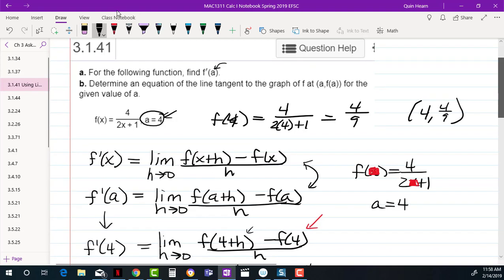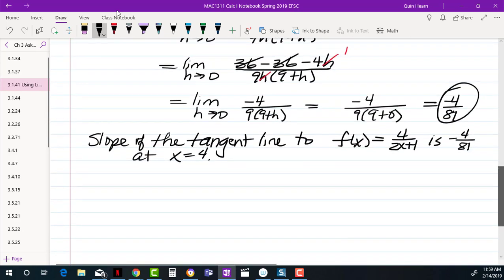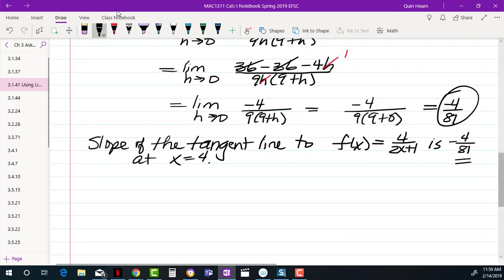Well, all we need to find the equation of any line is the slope and a point. And we have that because we just found the slope is negative 4 over 81, and we have the point 4 comma 4/9.